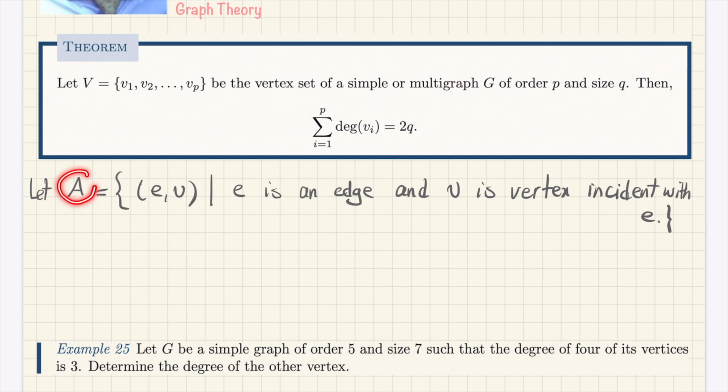Now, can you tell me how I can count the number of elements in A by combinatorics? You see that I have a task that can be accomplished after I put E here and V here. Can you tell me how many choices I have for an edge? This is a graph of size Q, and I want to put an edge here.